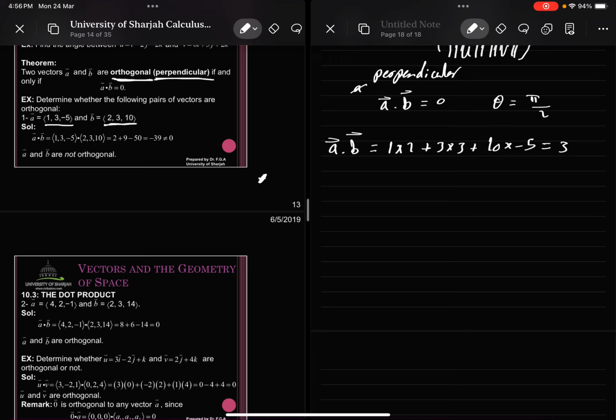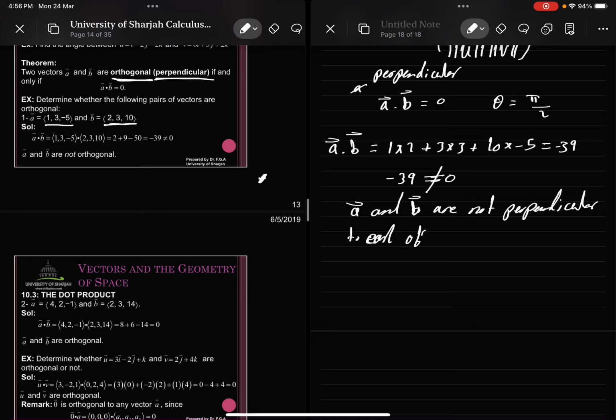It will be negative 39. So negative 39 doesn't equal 0. So vector A and vector B are not perpendicular to each other.